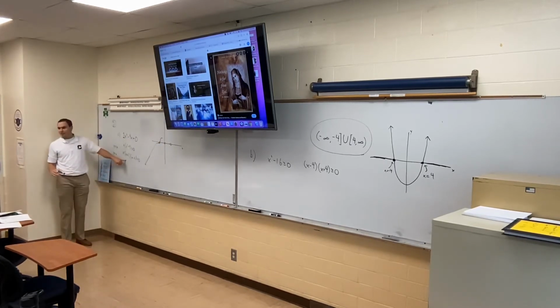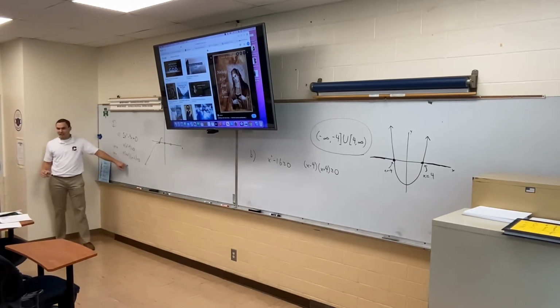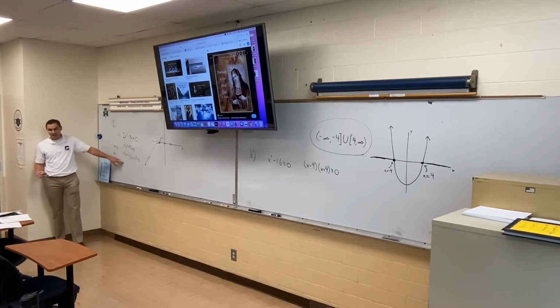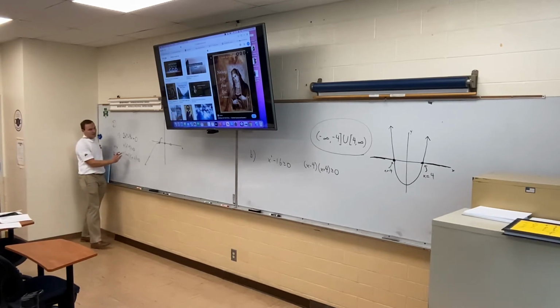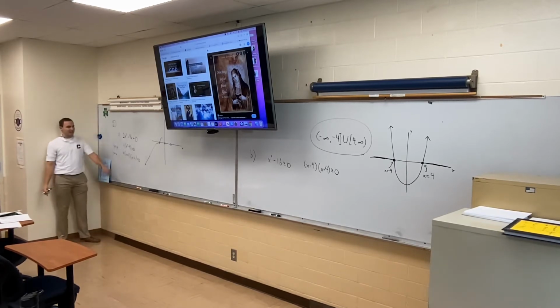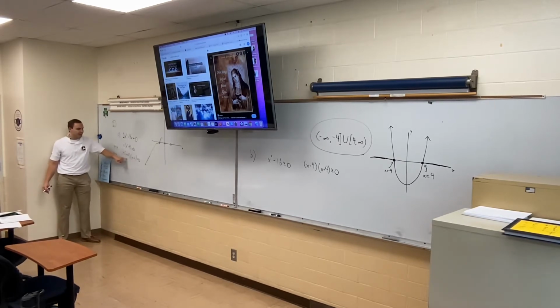Have you guys talked about the multiplicity of zeros? The other way I can tell is I can look at the multiplicity of my zeros. My zeros are negative 2, 0, and positive 2, right? The multiplicity of my zeros refers to the exponent of each factor once I've completely factored my polynomial.